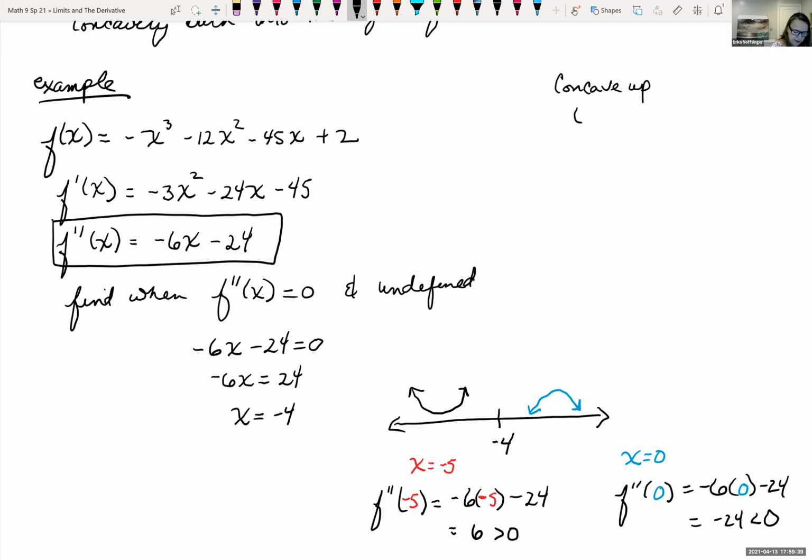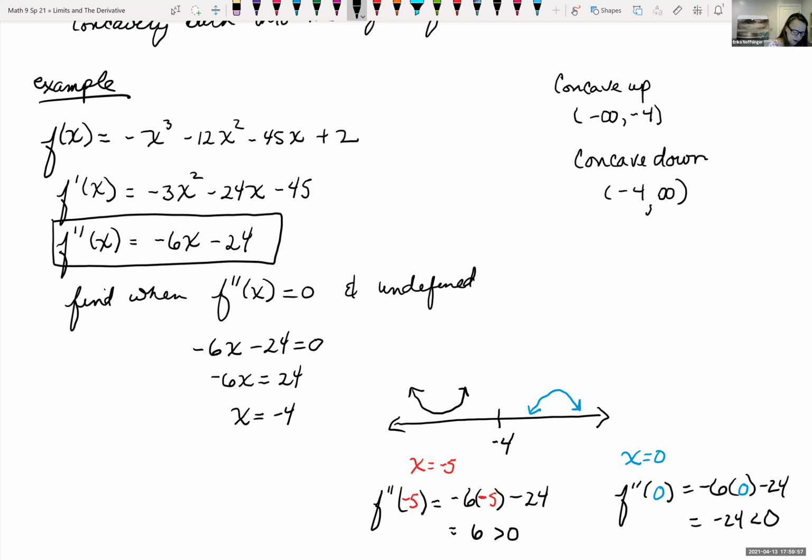So concave up from negative infinity to negative 4, and concave down from negative 4 to infinity.